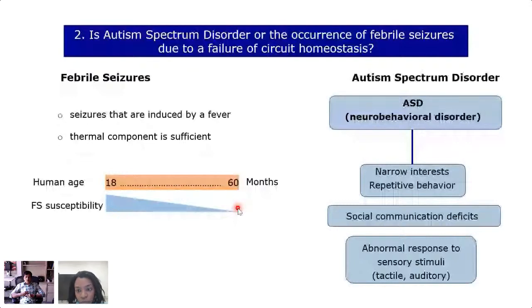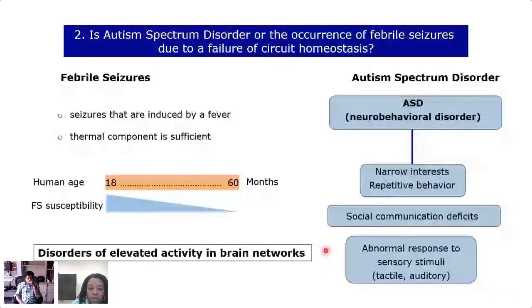Autism spectrum disorder is a neurobehavioral disorder. Unlike febrile seizures, it affects children, so it can be diagnosed as early as 2 years old. The diagnostic symptoms of autism spectrum disorder include the display of narrow interest, repetitive behavior, social communication deficits, and abnormal response to sensory stimuli. What connects these two disorders is the fact that they're hypothesized to be disorders of elevated activity in brain networks.